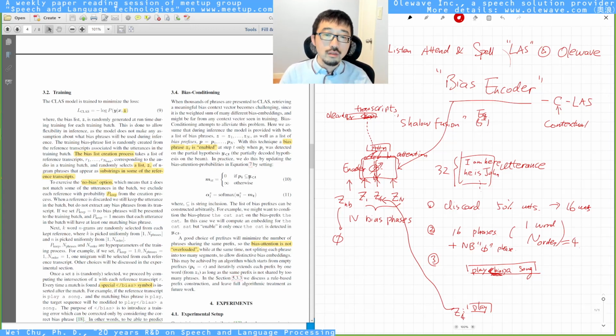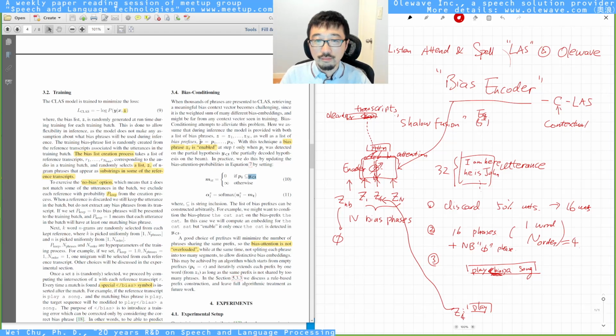Suppose you have decoded up to time t. I think t shouldn't be used here, because the output doesn't have any timing labels. But suppose you have a partial decoded result, y less than t.